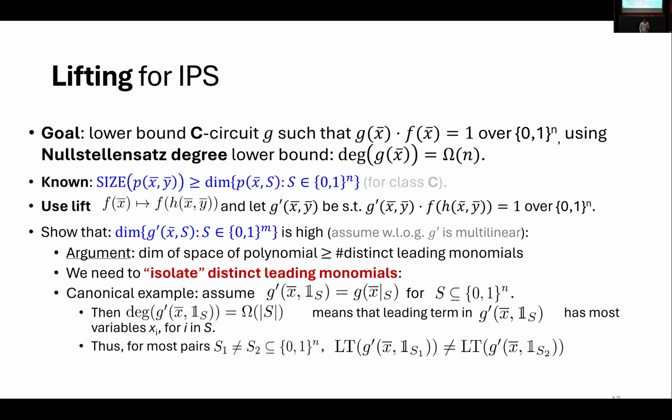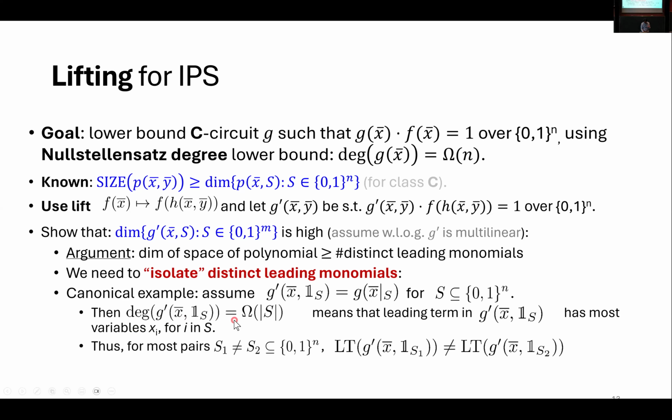So you know the degree lower bound. Now, what is the degree lower bound? It collapses to X choices only of these variables. So now for different S, different sets of choices of the variables, because the degree is high, I will know more or less what the leading monomial is.